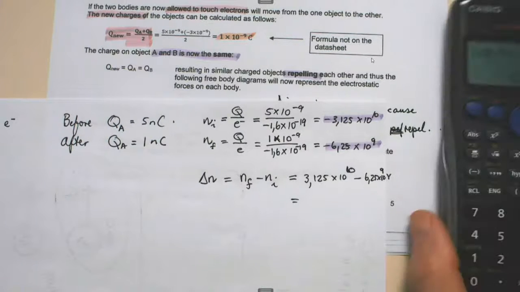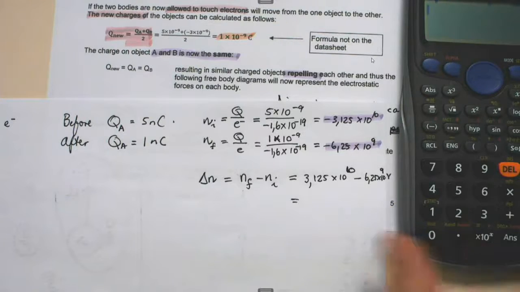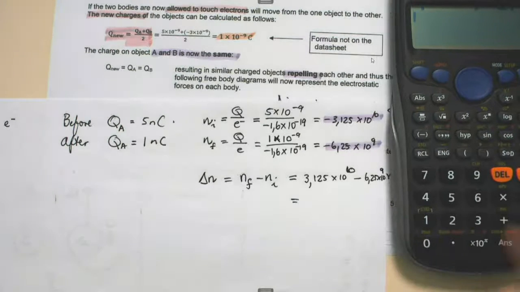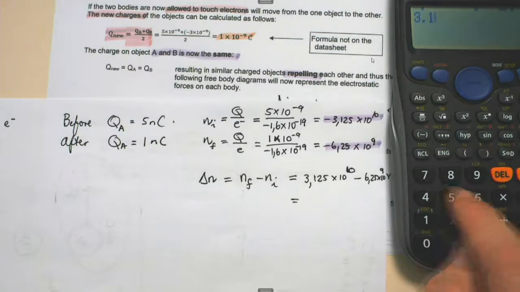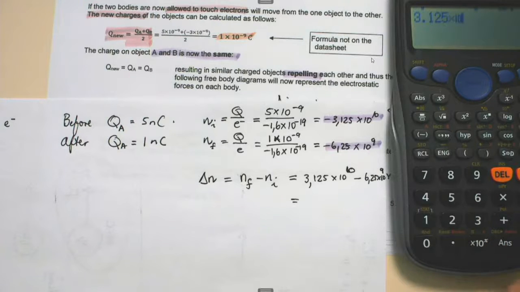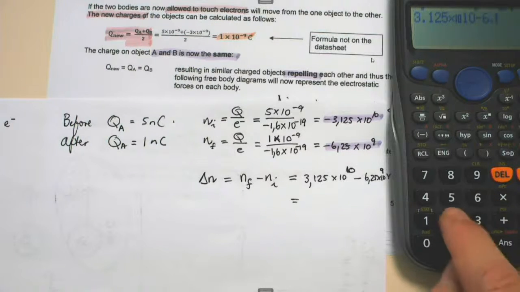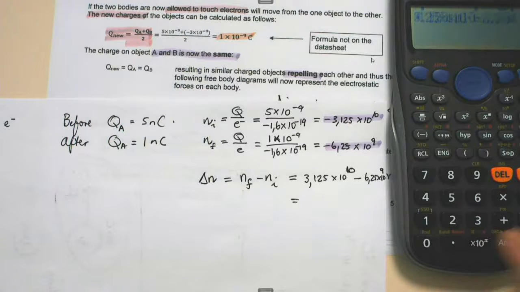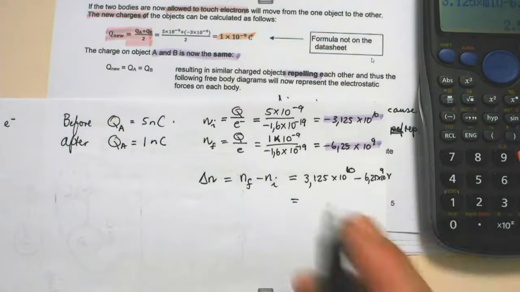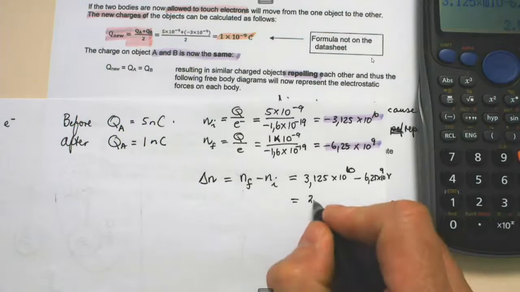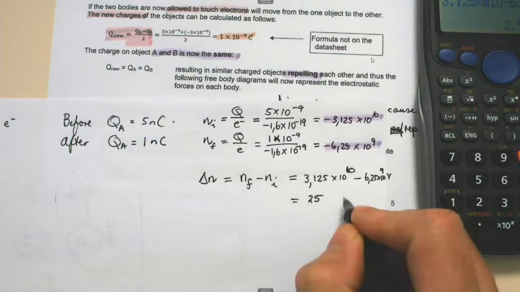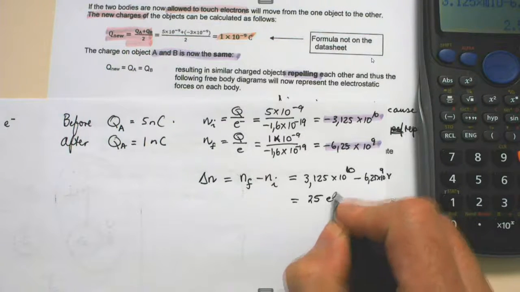an answer of, let us do this one quickly on the calculator, 3.125 times 10 to the power 10 minus 6.25 times 10 to the power 9 equals, and I get an answer of 2.5 times 10, which is 25 electrons.